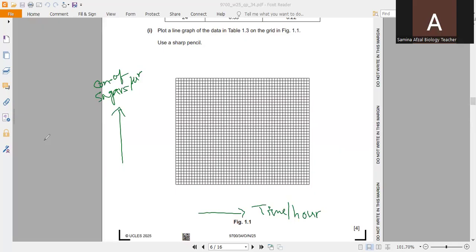The time on the x-axis will be from 0 to 25 hours.